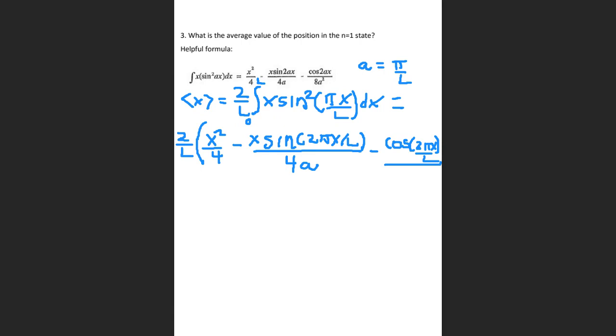And once again, a is pi over L. And this whole thing, it's the antiderivative, so we take the value at L and subtract the value at 0.